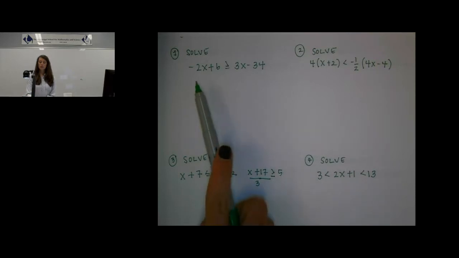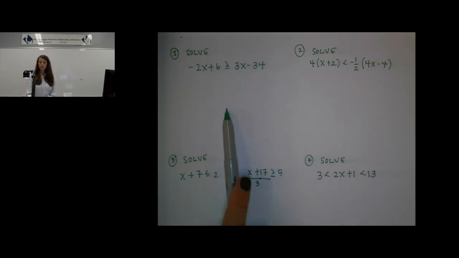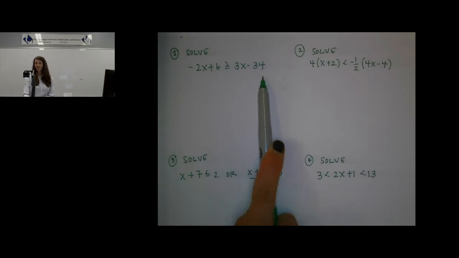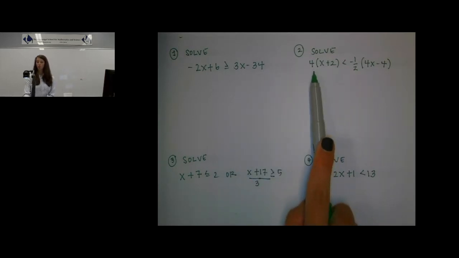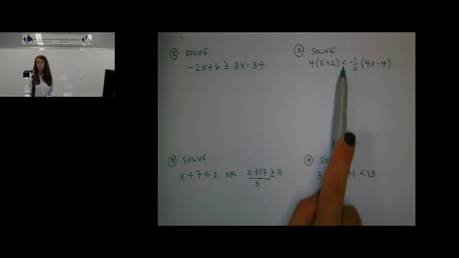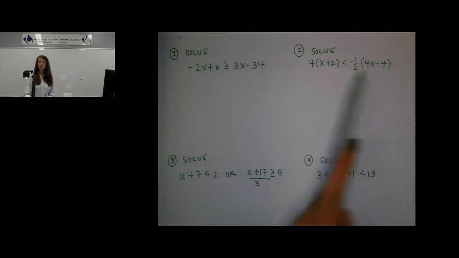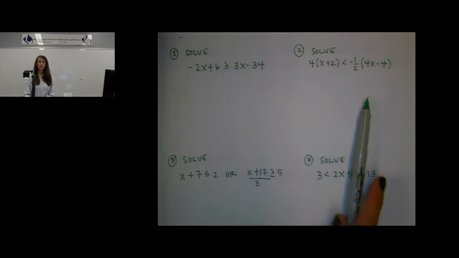So this first one is negative 2x plus 6 is greater than or equal to 3x minus 34. The second one here is 4 times x plus 2, which is less than negative 1/2 times 4x minus 4. So these two are just basic inequalities. They do not have any compounds, okay?